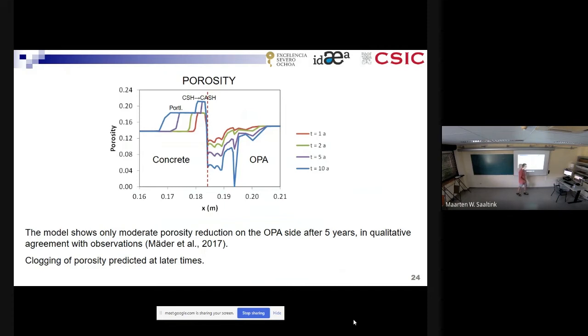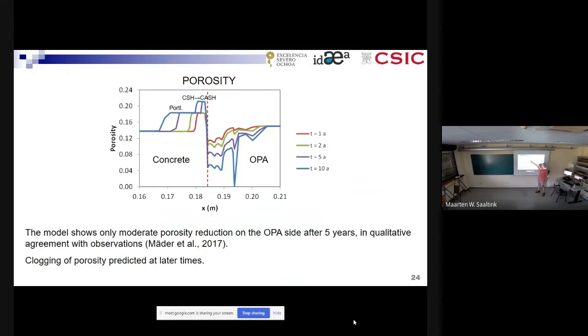If you look at the Opalinus Clay side, again you see a gradual decrease in porosity. And actually what we have so far are samples collected a few years ago, which were 5 years old. So samples were collected corresponding to the purple. And these observations showed only a small change in porosity, which is consistent with the model.